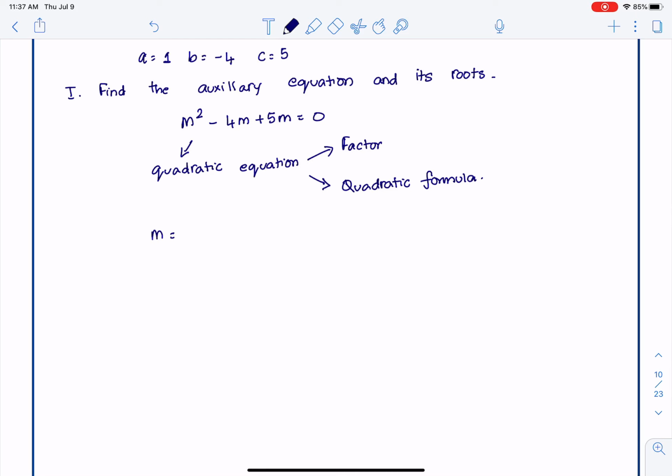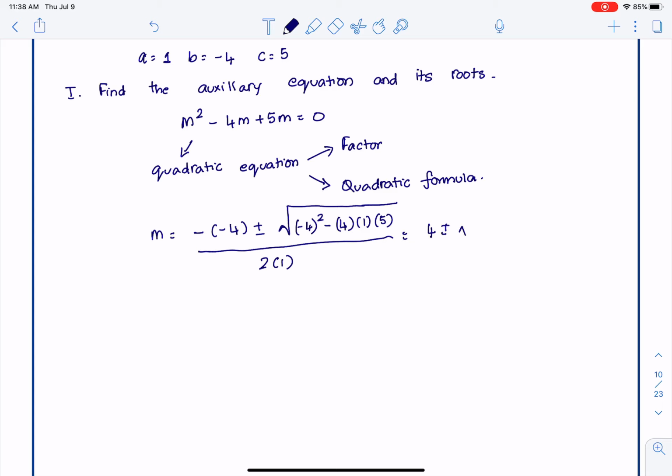m equals minus b plus or minus square root of b squared minus 4 times a times c over 2 times a. So we have 4 plus or minus square root of 16 minus 20 divided by 2.